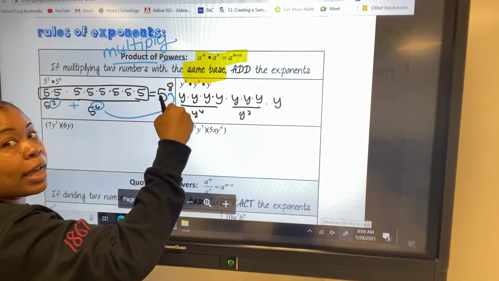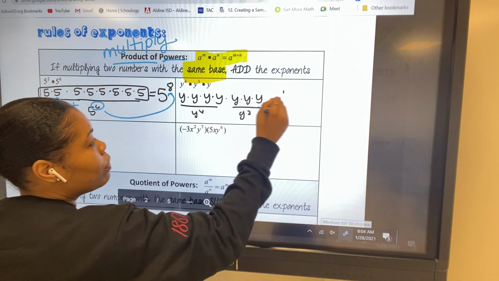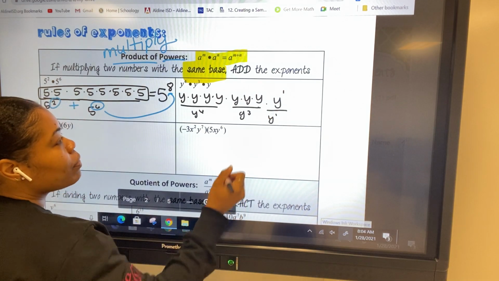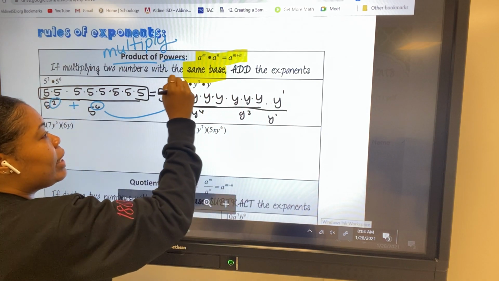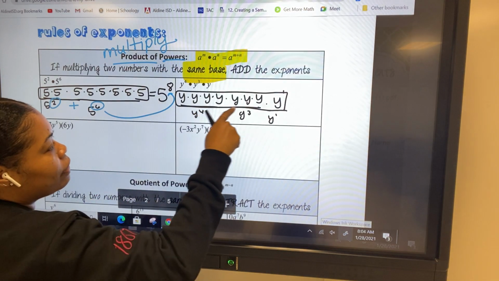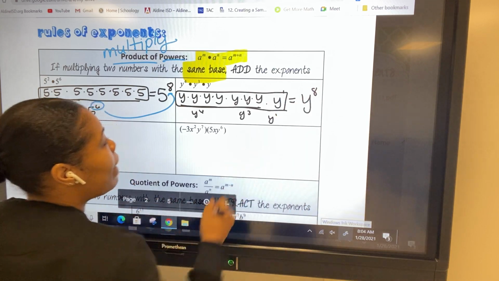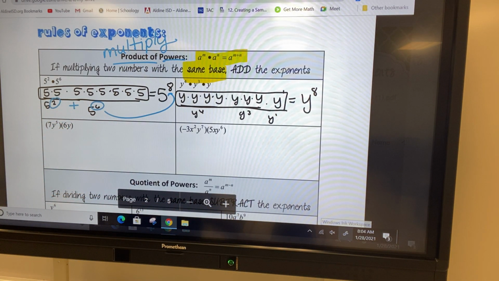And if we don't have an exponent there with that y, that just counts as 1, so that's like y^1. And so what happens is if we count all of this up, really we have a total of 8 y's. So the answer for this would be y to the power of 8.